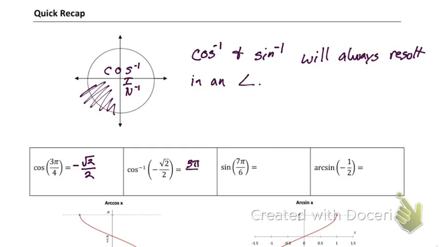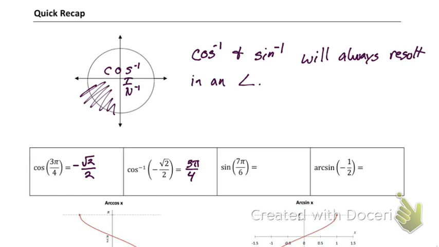So there are times where it completely is the opposite. The cosine of 3 pi over 4 gave me negative square root of 2 over 2. Cosine inverse of negative square root of 2 over 2 undid what just happened and left me with 3 pi over 4. Sometimes it's nice where it does that. Other times it kind of breaks down. And that's my example right here.